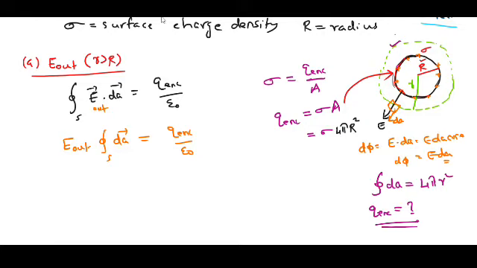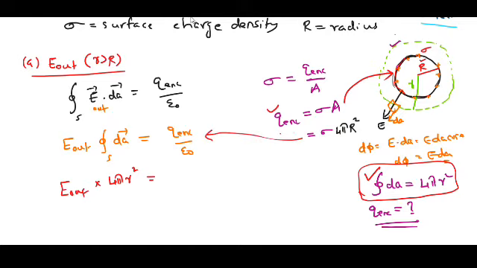Then we substitute this Q enclosed and the Gaussian surface area into this expression. Therefore E out into 4 pi r square is equal to, instead of Q enclosed, sigma 4 pi R square divided by epsilon 0. Here the 4 pi will cancel out.